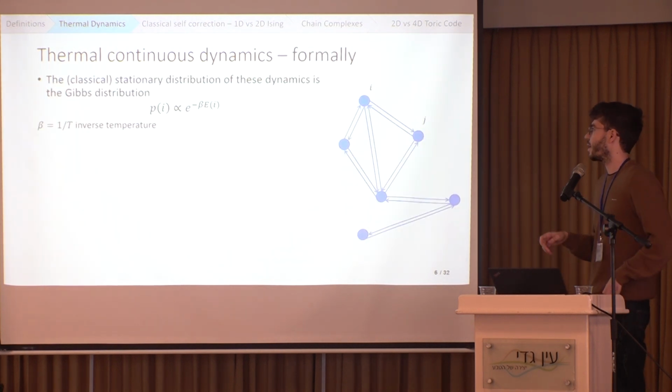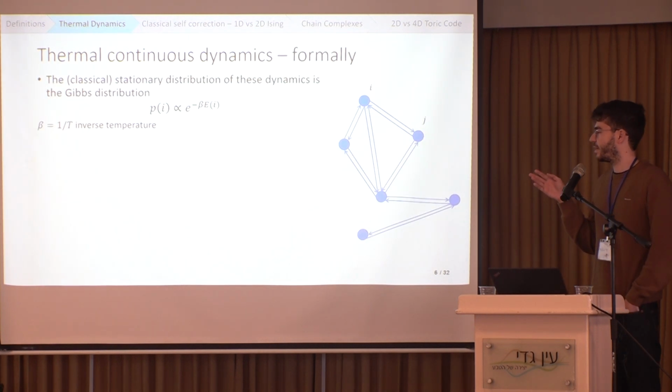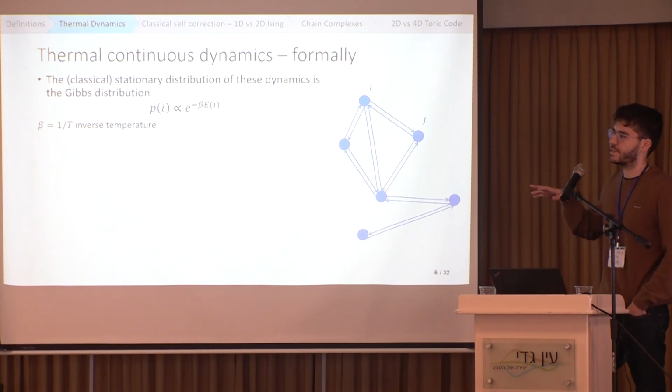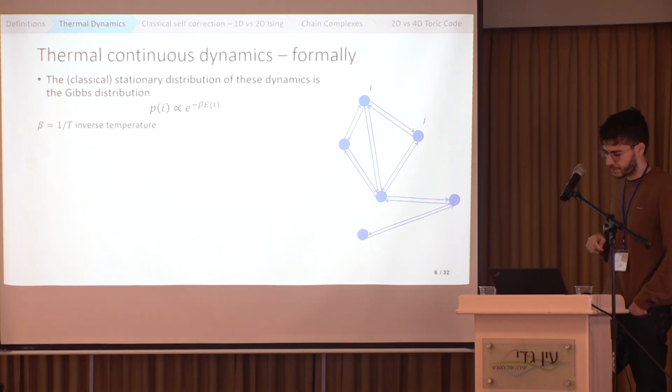So we can think of the Markov process as a graph in which the vertices are different configurations of the system, and the probability currents between them is the dynamics.